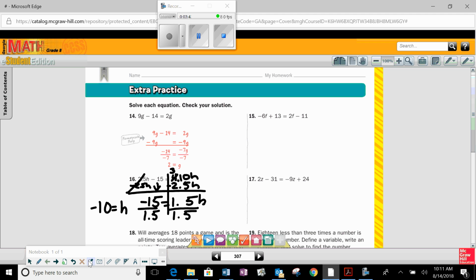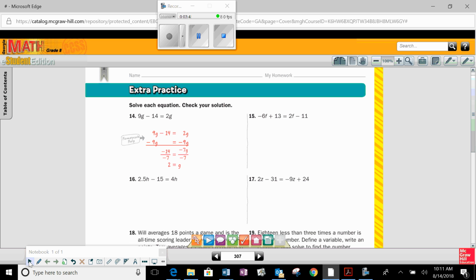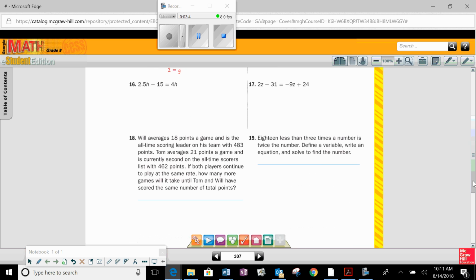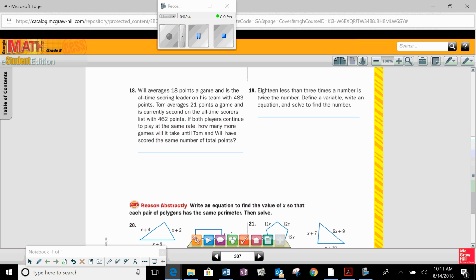All right, let's go ahead to the next problem, number 18. Number 18 is a word problem. So it says, Will averages 18 points per game and is the all-time scoring leader on his team with 483 points.